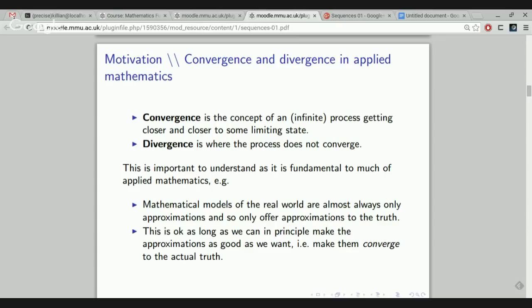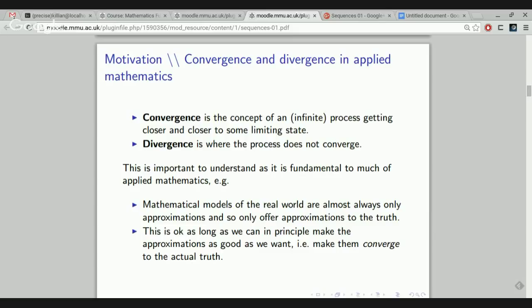So what is convergence and divergence? Convergence is the concept of, very generally, any kind of infinite process or extended process getting closer and closer to some limiting value. I'm being vague about what a process is, but some kind of process which goes on in time or extends out, gets closer and closer to some limiting value.